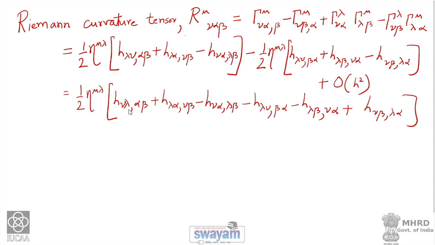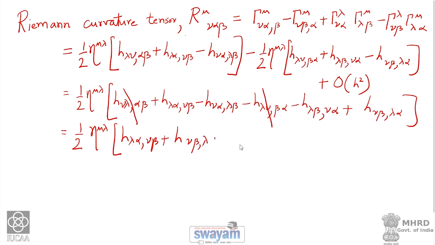So, this quantity and this quantity will cancel, and we are just left with half eta mu lambda, h lambda alpha comma nu beta. Then I will add the positive term first, plus h nu beta comma lambda alpha, then the two negative terms.